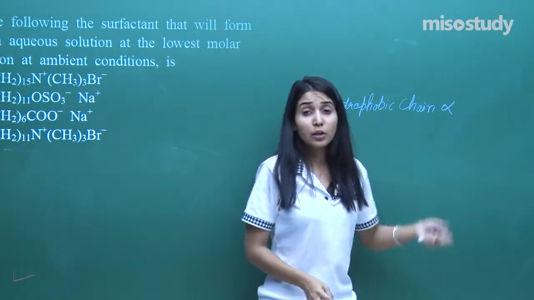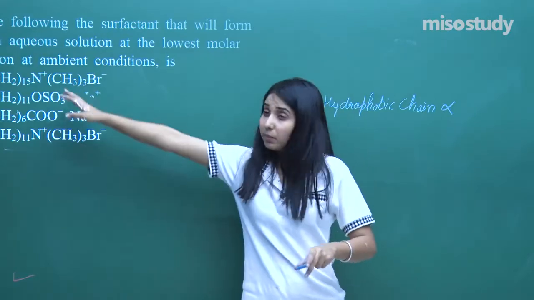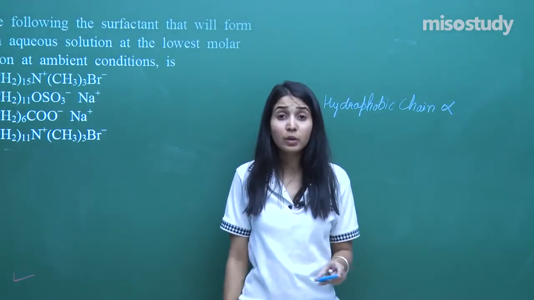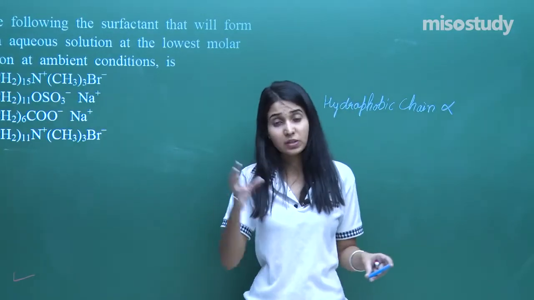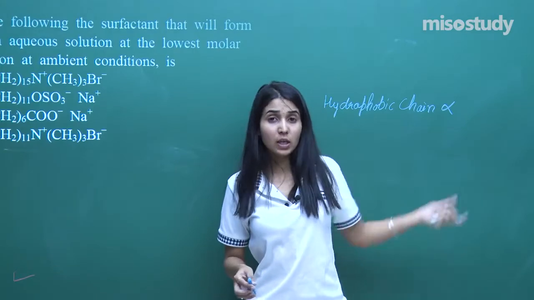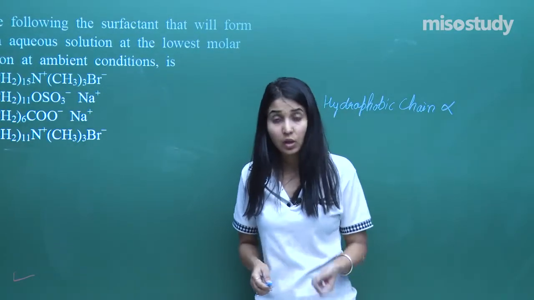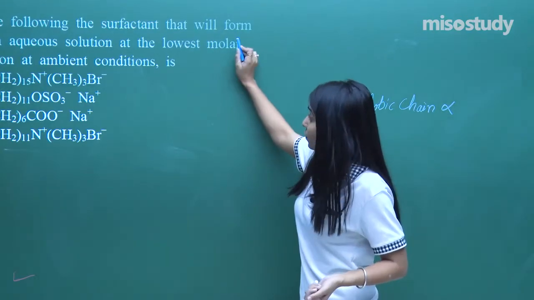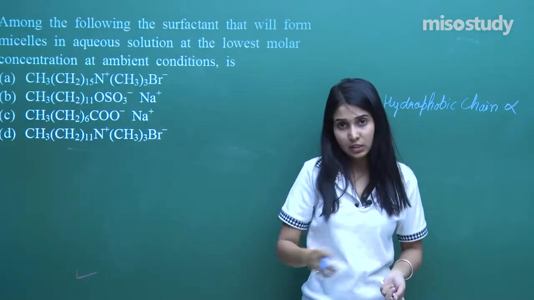The length of your hydrophobic chain. What is the hydrophobic part? That is nothing but my alkyl part. That's how we have discussed surfactants, soaps and detergents. So the hydrophobic chain is directly proportional to the micelle concentration value, that is, a longer chain means micelle formation in aqueous solution at the lowest concentration.